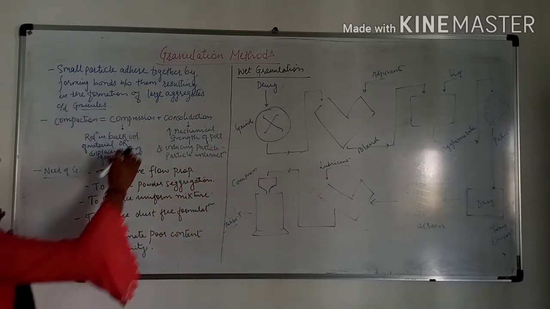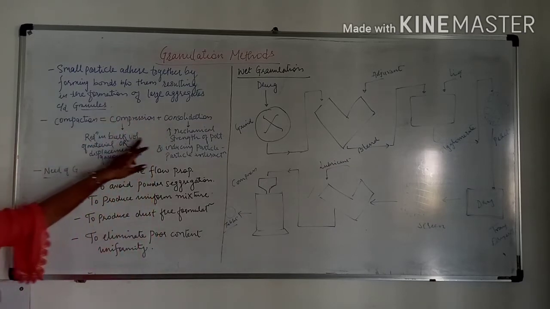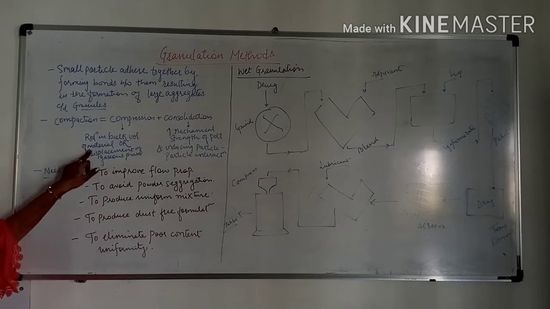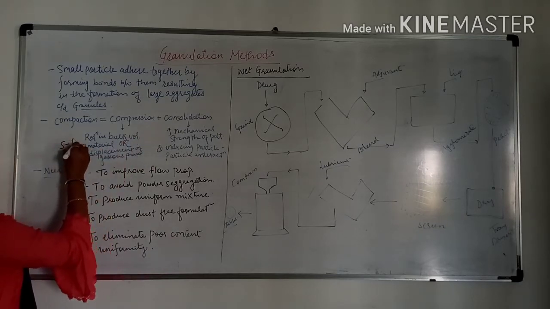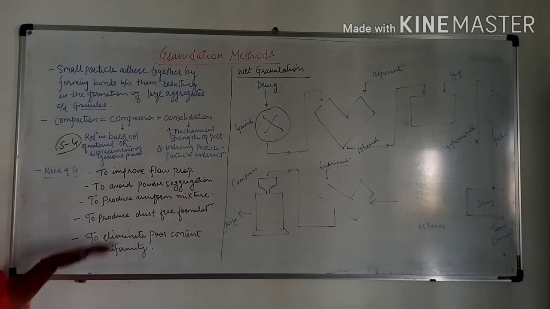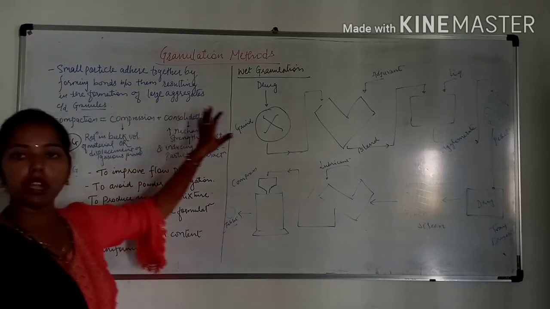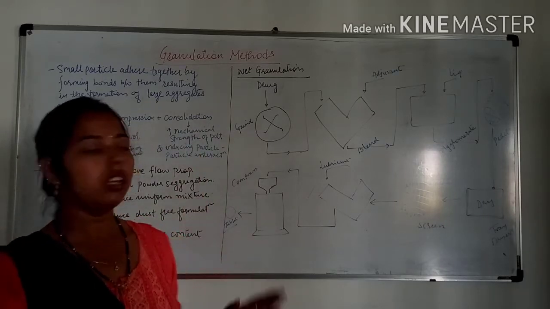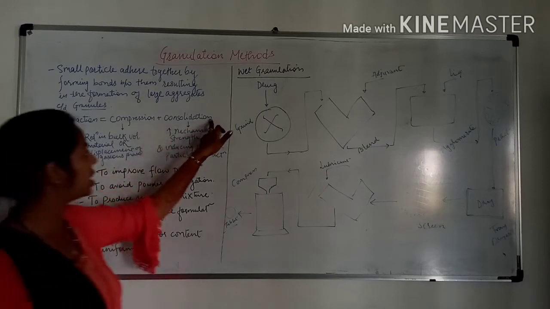What is compression? Compression is the reduction in bulk volume of material, where we displace the gaseous phase between solid and gas phase, and we try to reduce the bulk of the content. So that is compression. The second thing is consolidation.